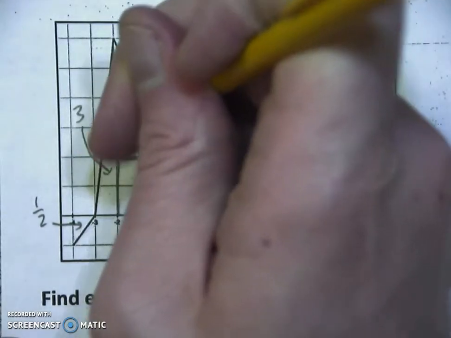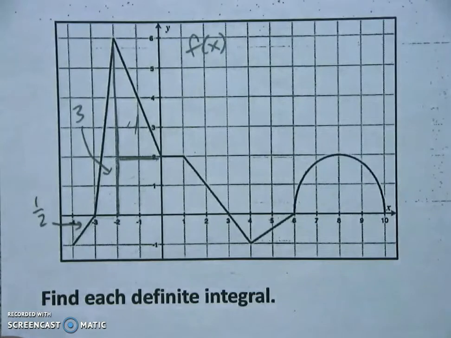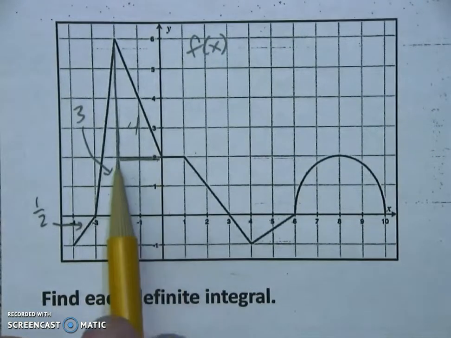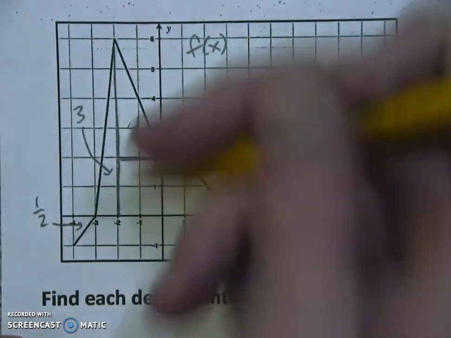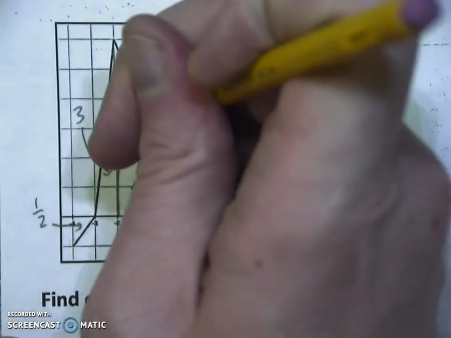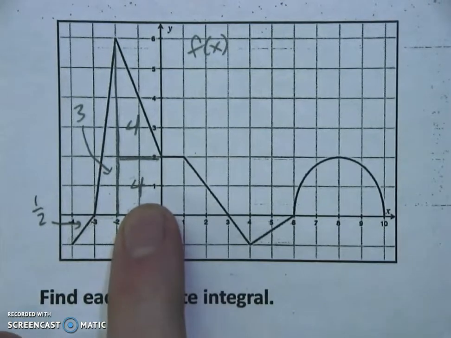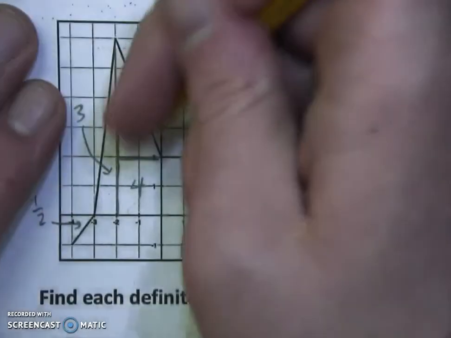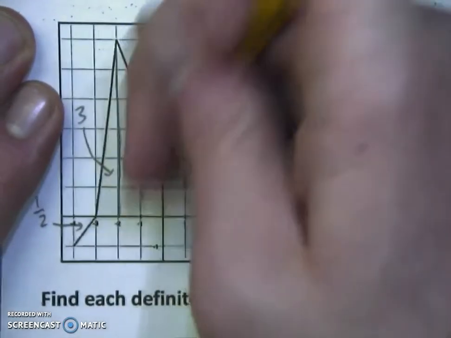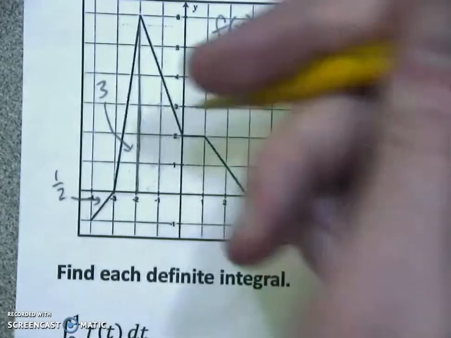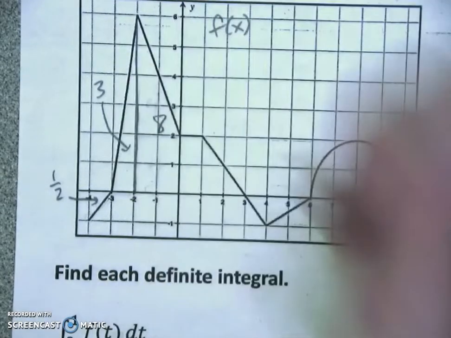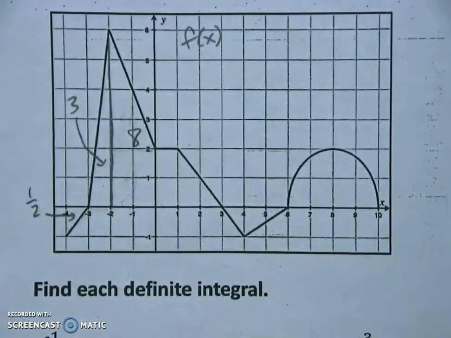So this part is 4. This square is 2 times 2. That's 4. And I'm just going to erase the lines I made to calculate all of that, and I'm going to say all of that area from -2 to 0 is 8, the sum of the two.